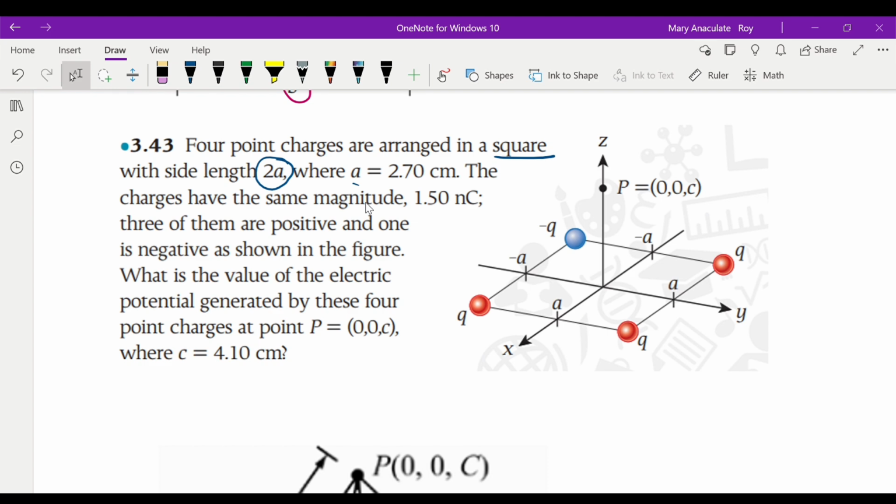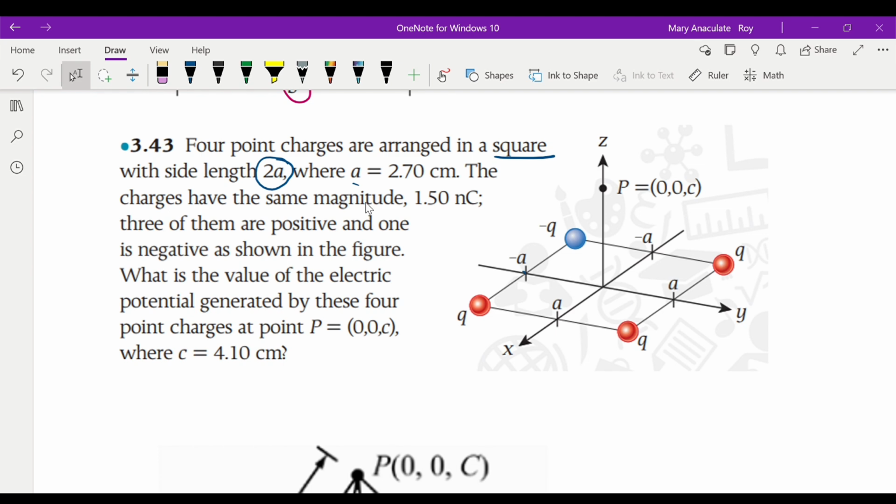So half the distance of the square, that's a midpoint, half distance is 2.7 centimeter. Okay, and all the charges have the same magnitude, that's 1.5, but you can see one is negative, so the other three are positive. Now they ask you what's the electric potential generated by these 4 point charges at P.